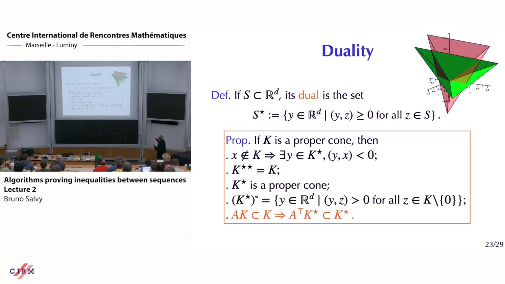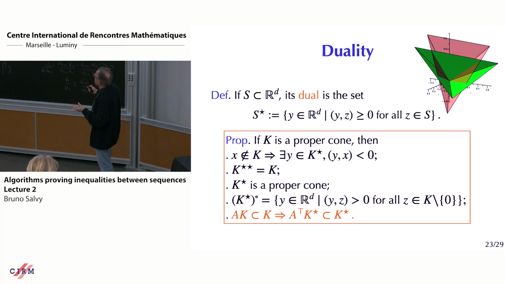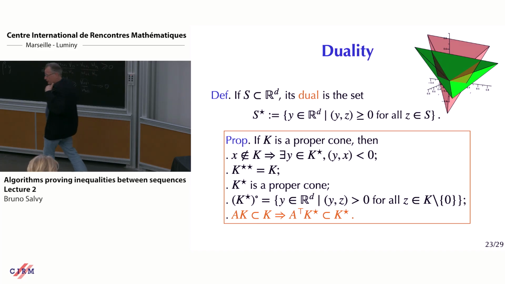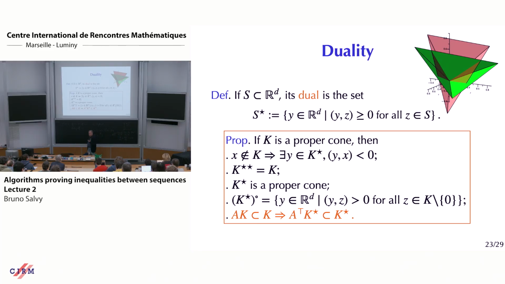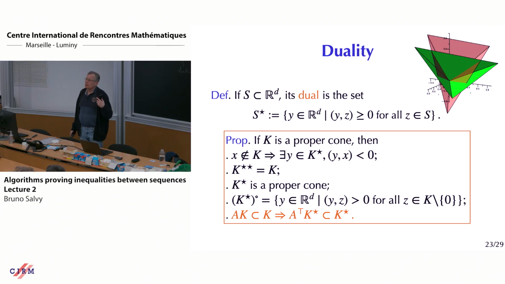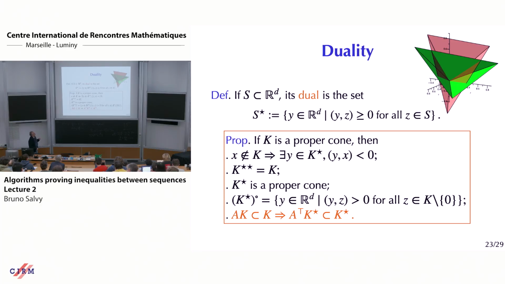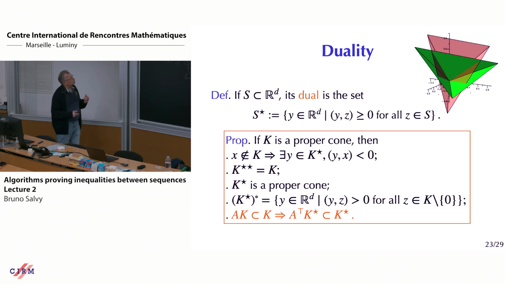So each one is the dual of the other. The definition is this: you take a subset S of R^d, and the dual S star is the set of y such that the product yz is positive for all z in S. It's a scalar product. Did I say inner product or? It's inner product, okay. And the properties are this, and none of them is difficult to check.